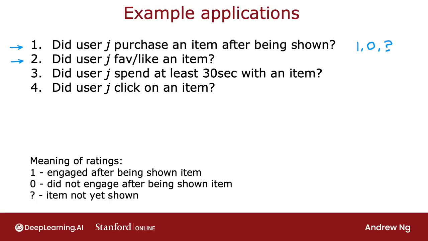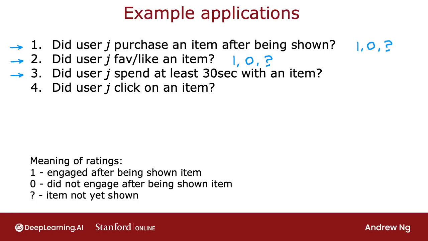Or in a social media setting, the labels 1 or 0 could denote whether the user favorited or liked an item after they were shown it, and question mark would be if they've not yet been shown the item. Or many sites, instead of asking for an explicit user rating, will use user behavior to try to guess if the user liked the item.